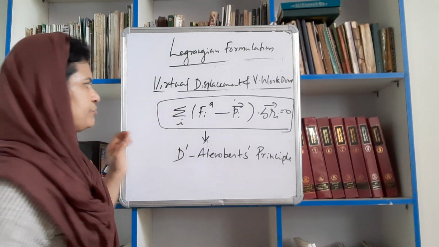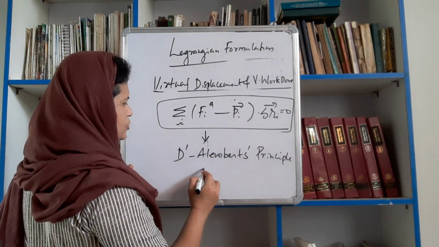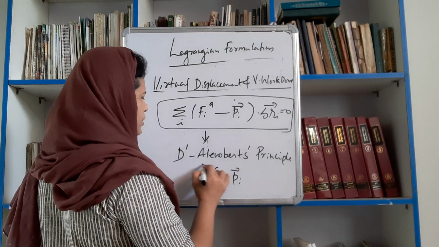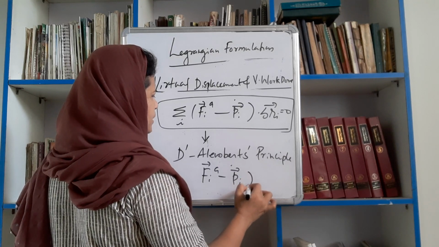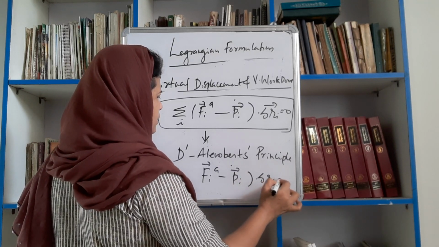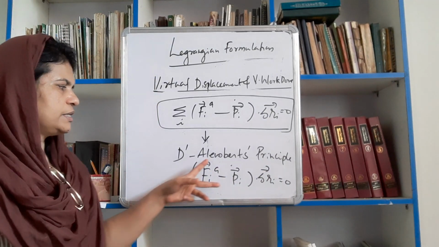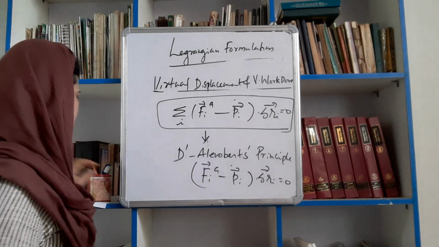Either write sigma i of Fia minus Pi dot dot delta Ri is equal to 0, or for a single particle, Fia minus Pi dot dot delta Ri is equal to 0. Delta Ri also is a vector. You can write in this form or as a summation. This is called D'Alembert's principle.